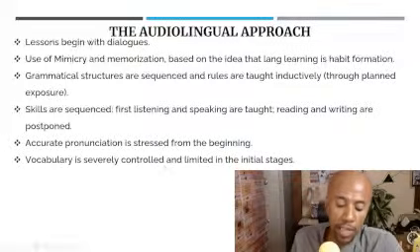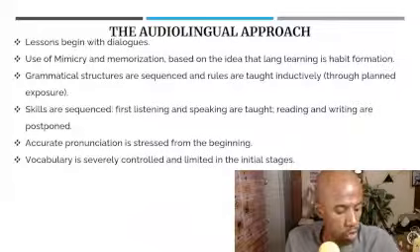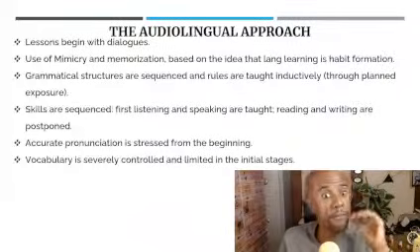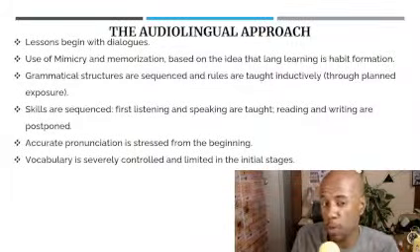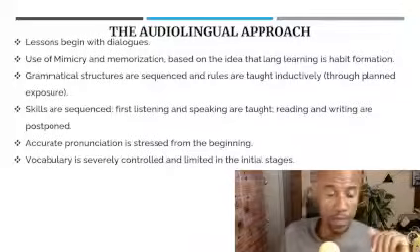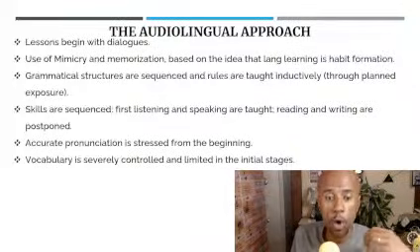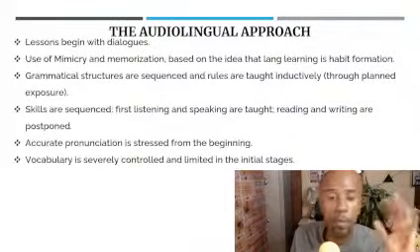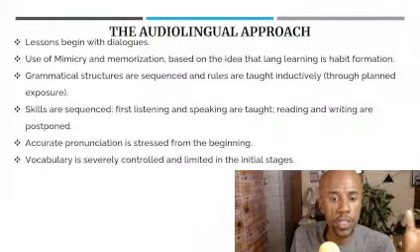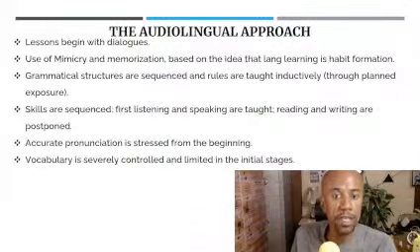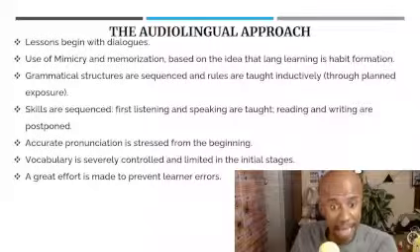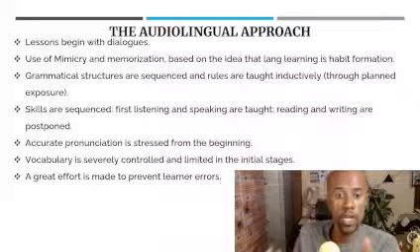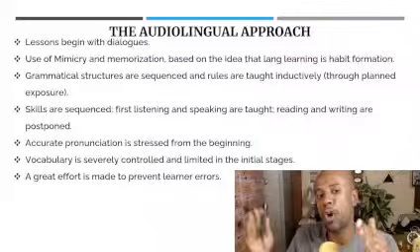Vocabulary is severely controlled and limited in the initial stages, which is a very different idea from what we have in the grammar translation approach, for example, which, as we have seen, would emphasize or wouldn't find it problematic to give students very difficult texts to read right from the beginning. A great effort is made to prevent learner errors, which means that this approach is based on accuracy rather than on fluency.